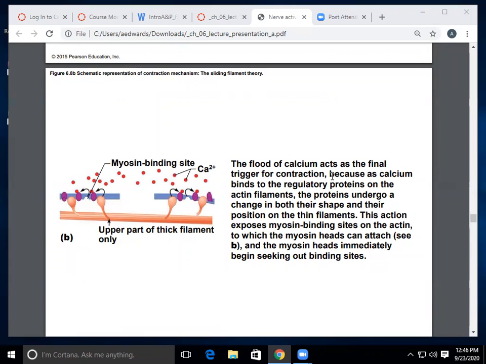All right, so again, that flood of calcium is a trigger for contraction to happen. And the calcium ions are going to start binding to these proteins on the thin filaments up here. And those proteins will change their shape and their position at that point.